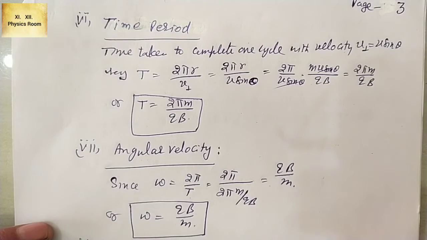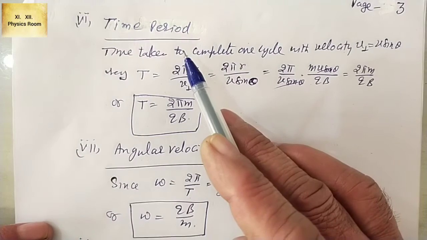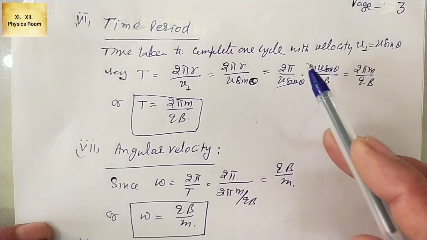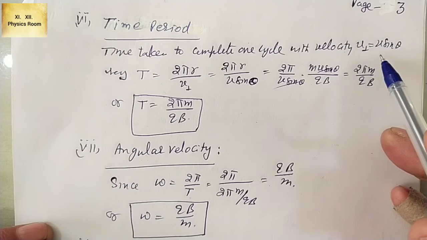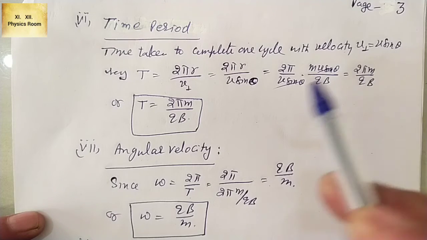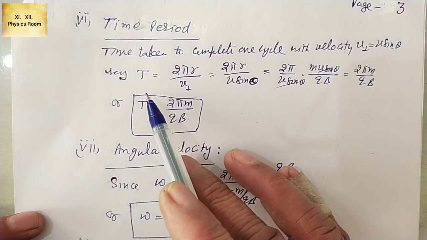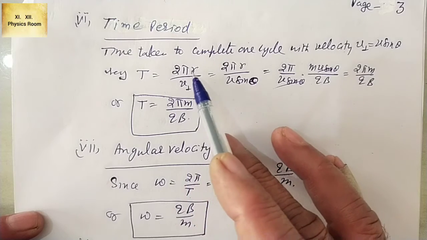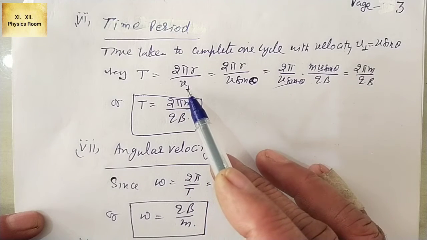Now the question arises: if it describes a helical path, then what is the time period of the helical path? The time taken to complete one cycle with velocity v perpendicular equal to v sin theta is defined as the time period of the helical path. We know T is equal to 2 pi r by v, so here we have 2 pi r by v perpendicular as the time period.